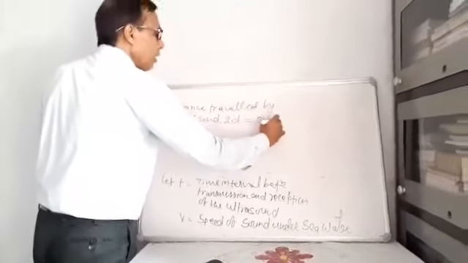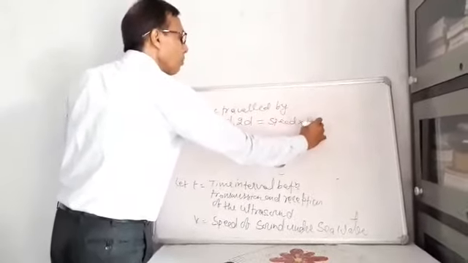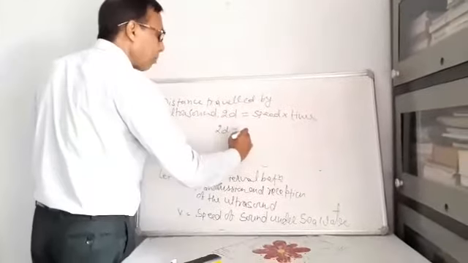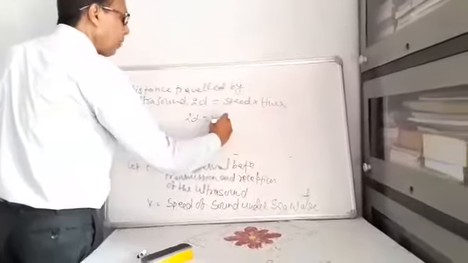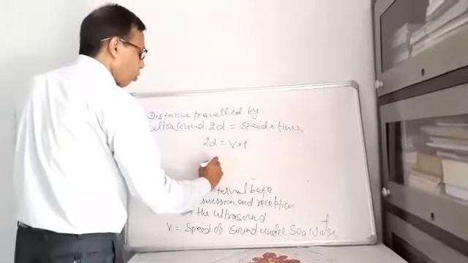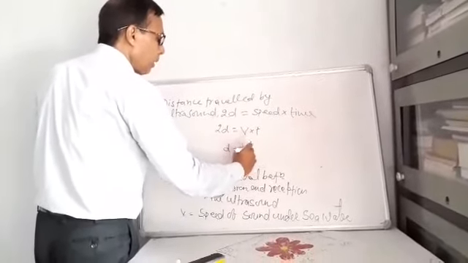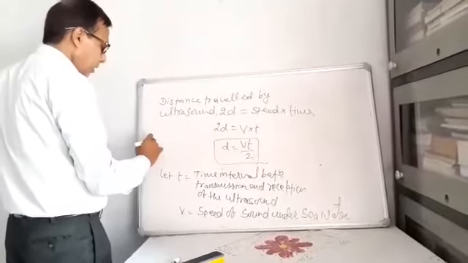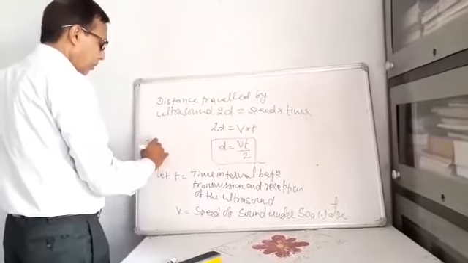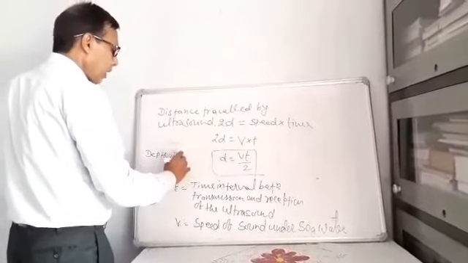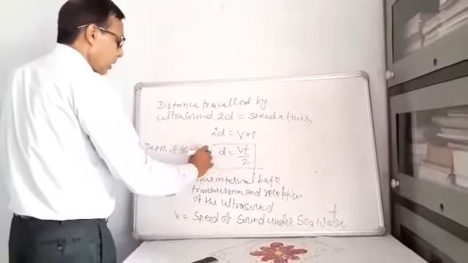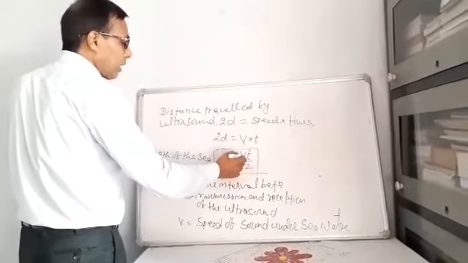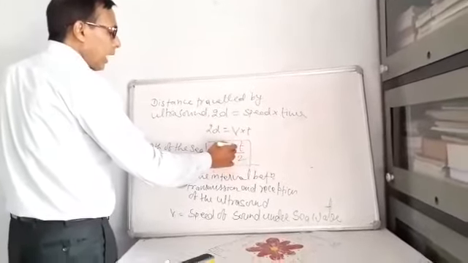So here 2d is equal to speed, which is v, and time is t. So d is equal to vt by 2. What is d? That is the depth of the sea.